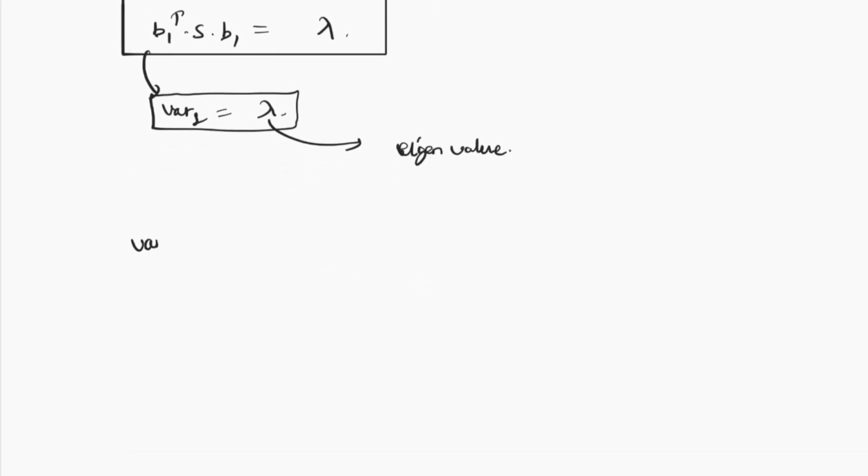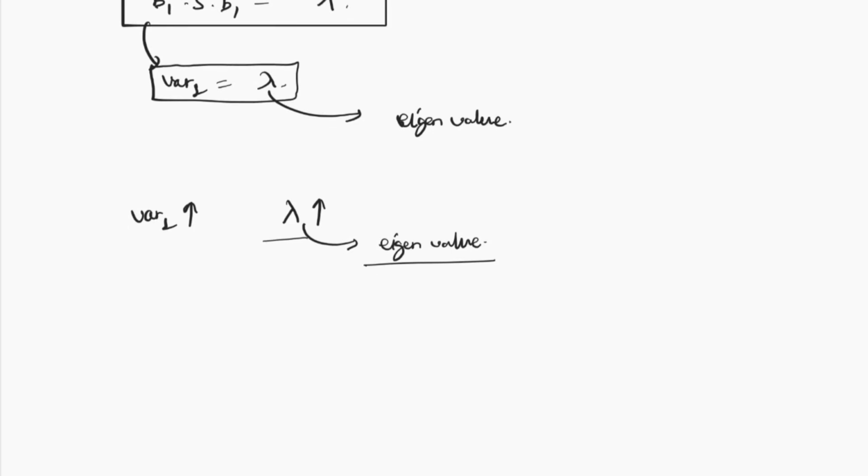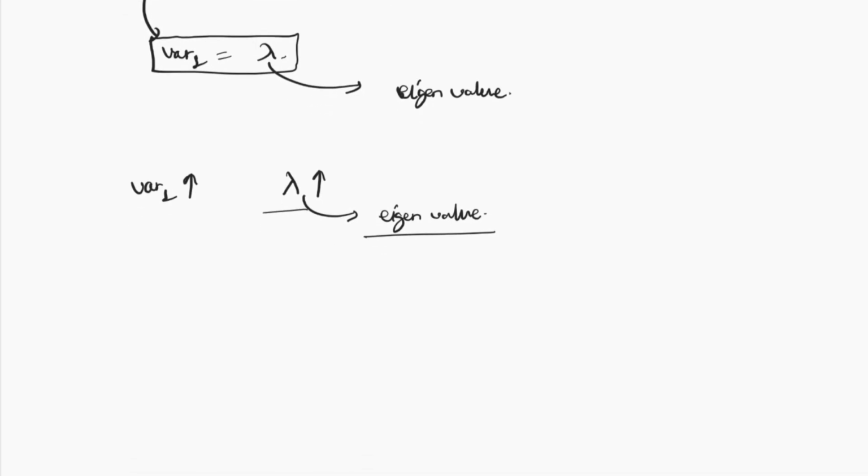So if you want to maximize variance 1, you have to keep the maximum lambda 1, the maximum eigenvalue. So the maximum eigenvalue and the corresponding eigenvector is going to be your PC1.